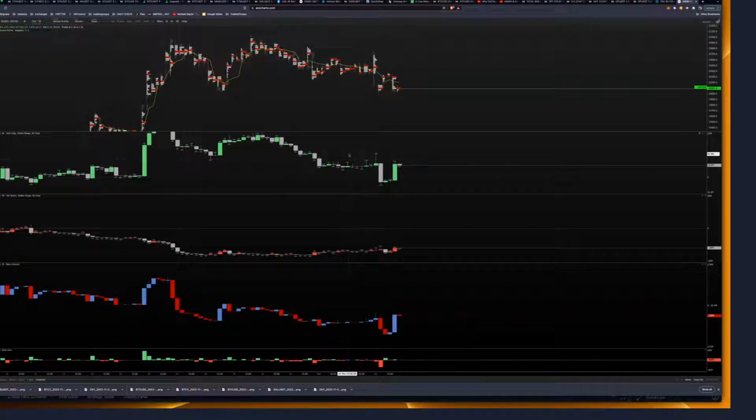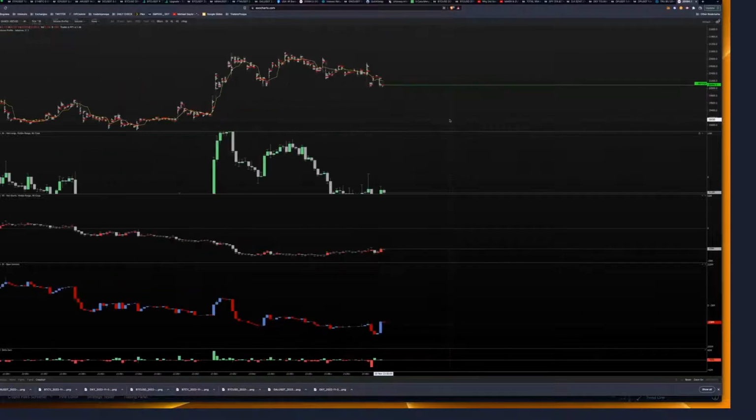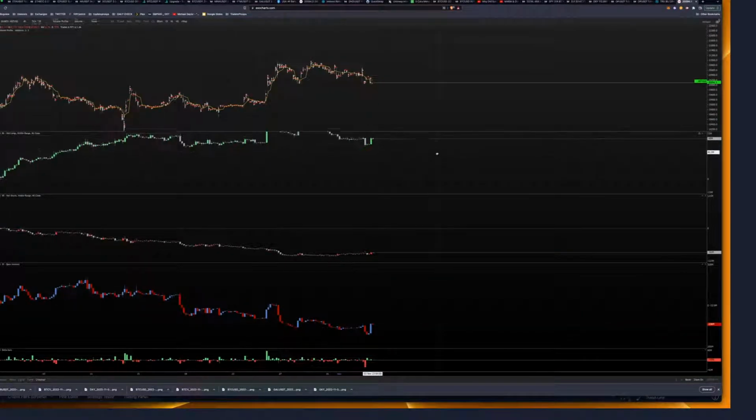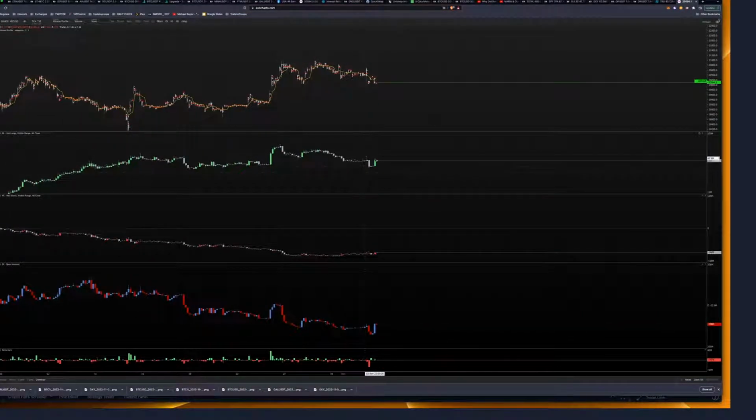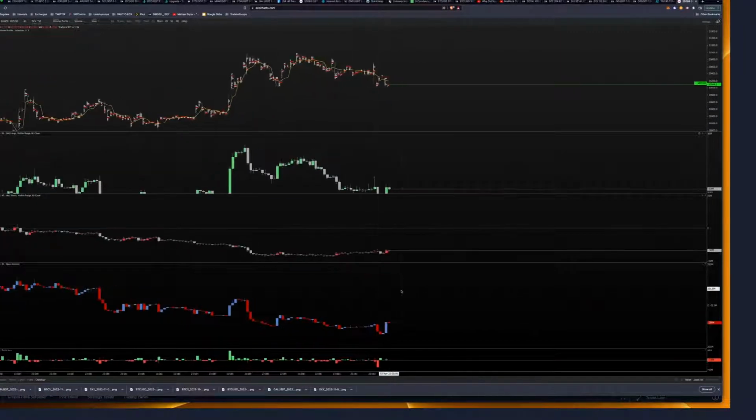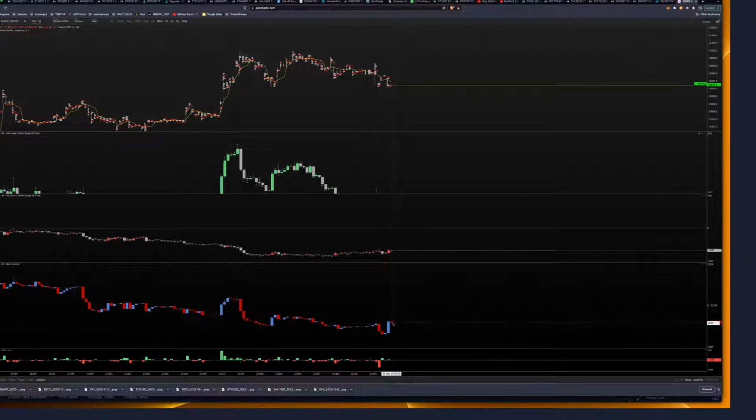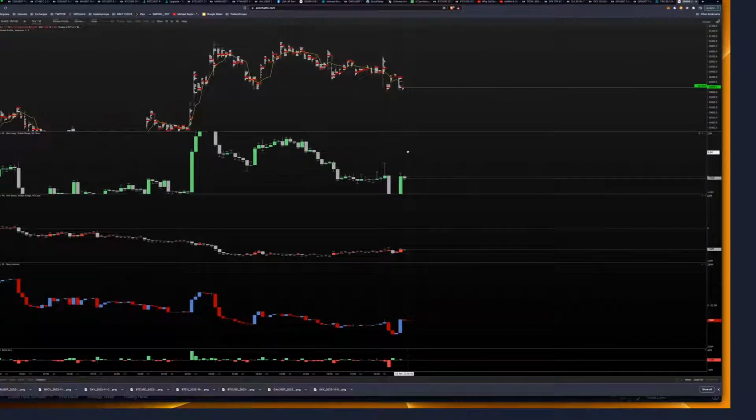So using this chart comes to an advantage as well. Right now it's in limbo at the moment. We had a bit of a long, but this is a 4-hour chart. There's nothing much there now. Sort of just stopped on a pause.